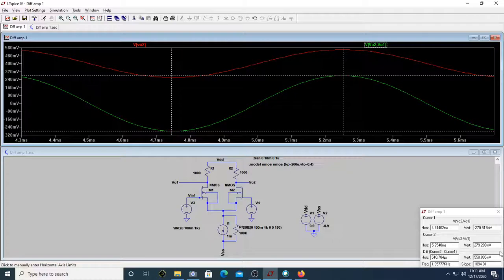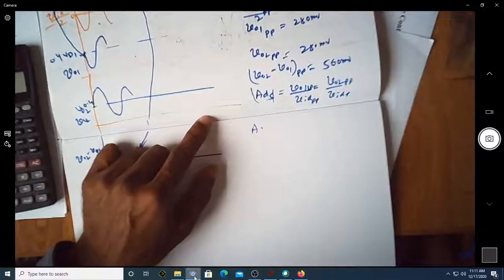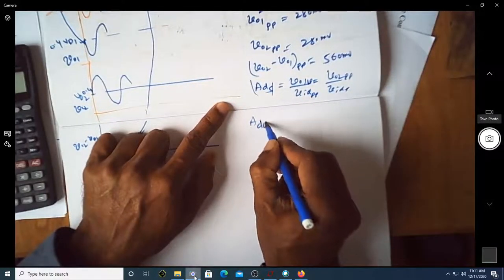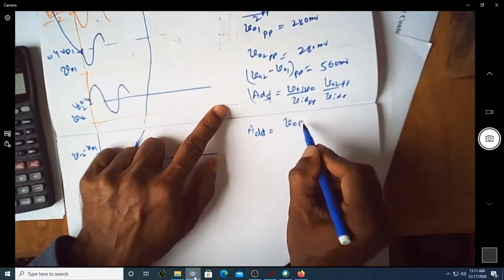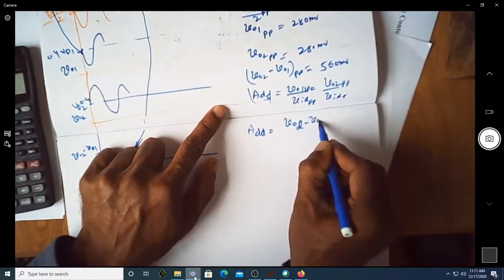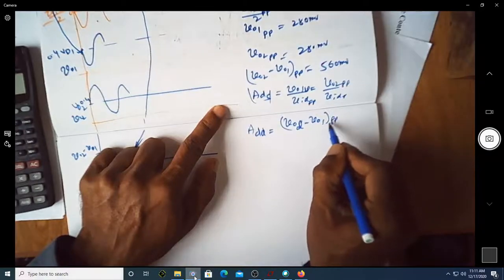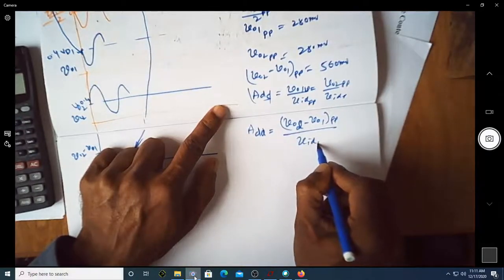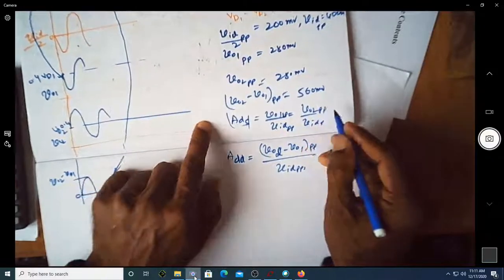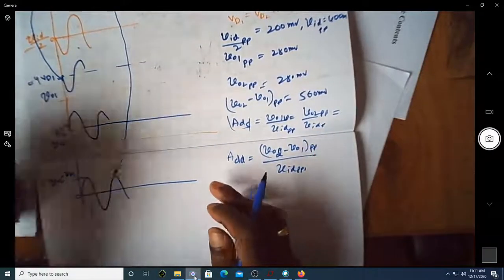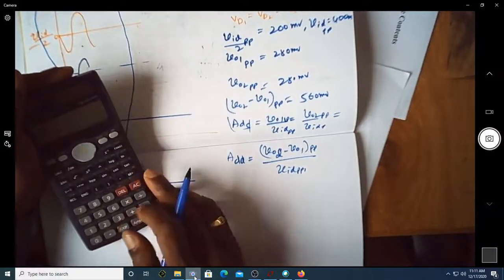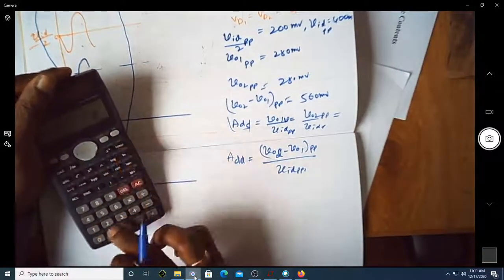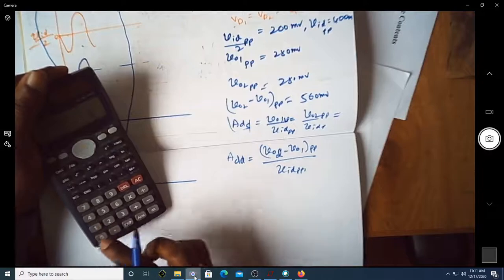I'm just looking at these values. ADD, that is the differential gain with differential measurement, is V02 minus V01 peak to peak by VID peak to peak. So this comes out to be 280 millivolt by 200.